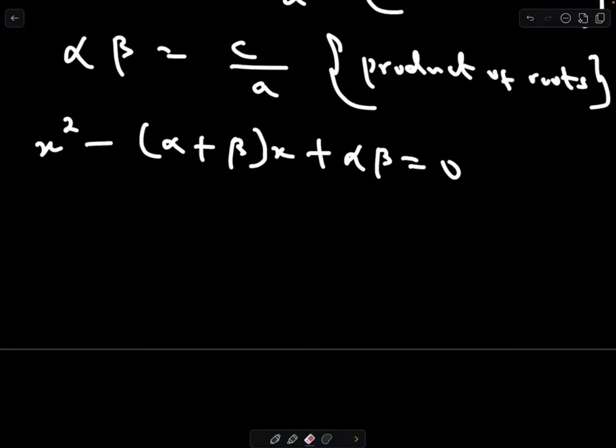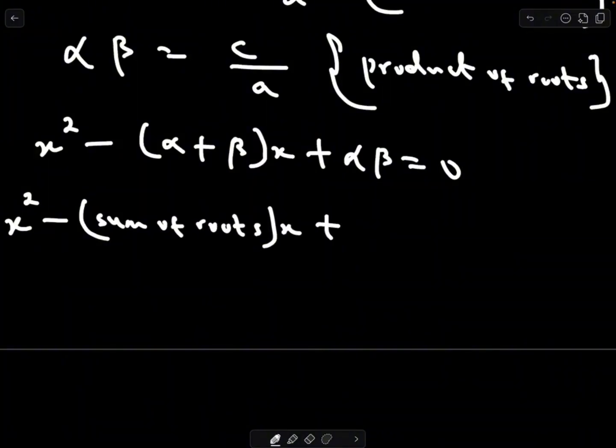You can write a quadratic equation in terms of roots in its general form as x squared minus sum of roots times x plus product of roots equals 0.